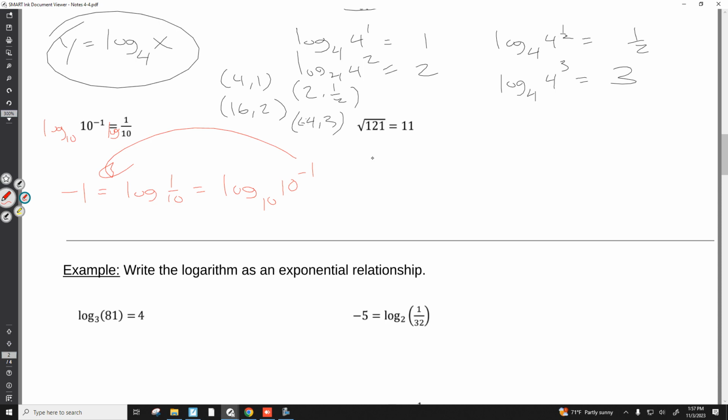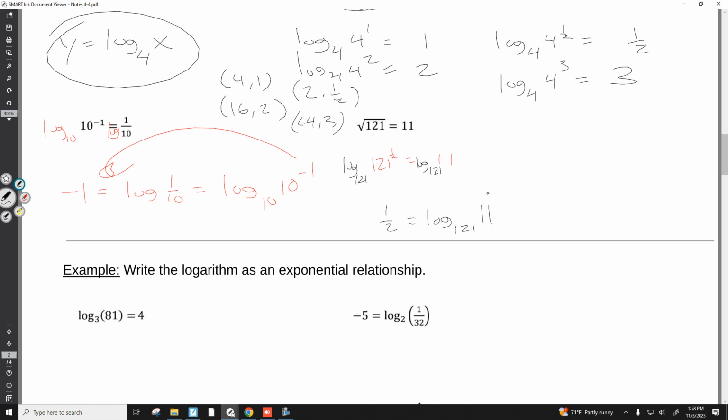This is 121 to the 1/2 power. The log base 121 is taken. We get 1/2 equals the log base 121 of 11.